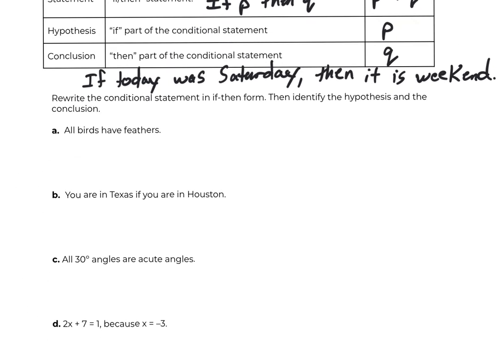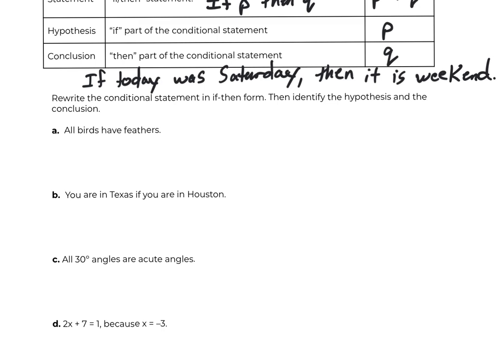Now, as I look at these down here, we're going to rewrite each one as a conditional statement. Sometimes we already have if and then in it somewhere. Sometimes we don't. Right now, all we have is just a statement: all birds have feathers. We want to rewrite this as a conditional statement, which means we have to put it in if-then form.